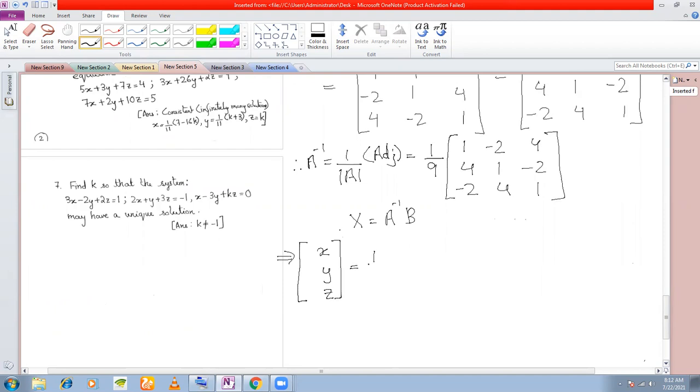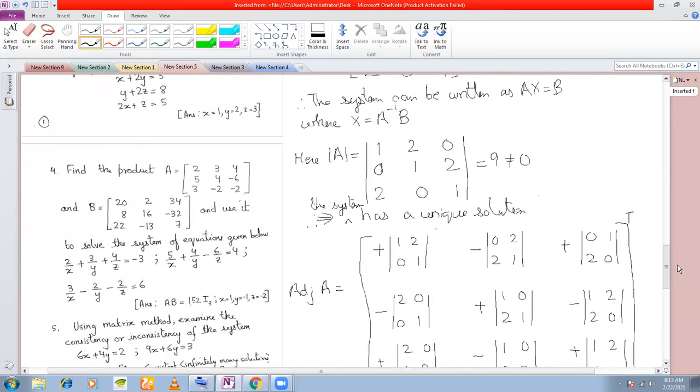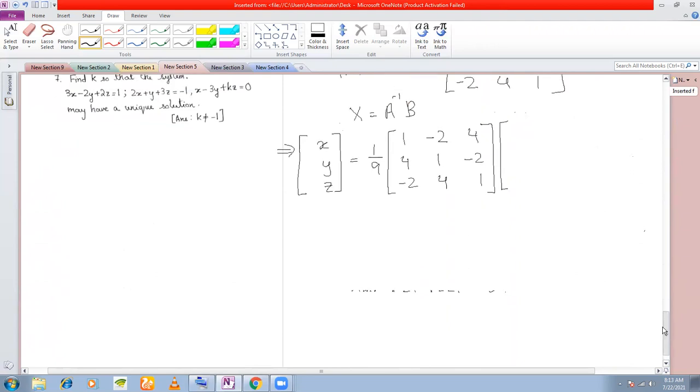A inverse is, and the matrix B that we have formed here was the column matrix 5, 8, and 5.